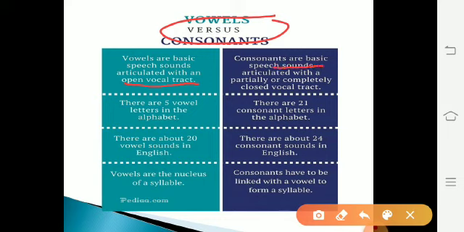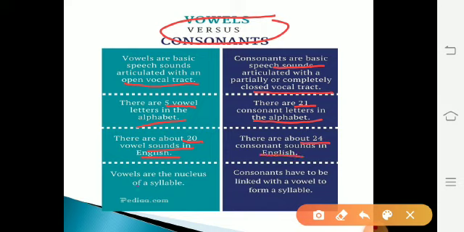Consonants are basic speech sounds articulated with a partially or completely closed vocal tract. There are 5 vowel letters in the alphabet. There are 21 consonant letters in the alphabet. There are about 20 vowel sounds in English. There are about 24 consonant sounds in English.